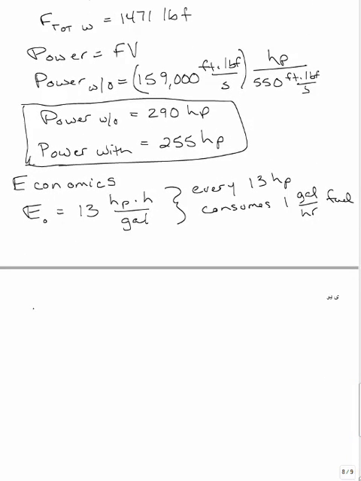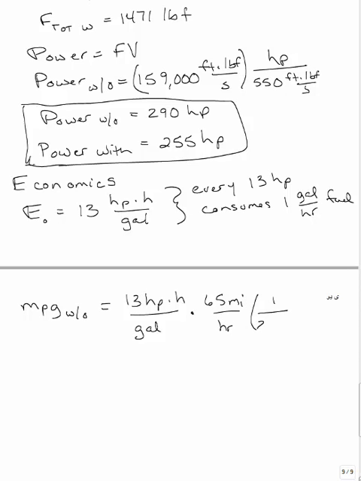Okay. So if we want to figure out our miles per gallon without the fairing and with the fairing, we can say this 13, and you can just kind of use units to figure out how to do this. Horsepower hour per gallon, okay, because we already got the per gallon on the bottom now, times 65 miles per hour times 1 over 290 horsepower.